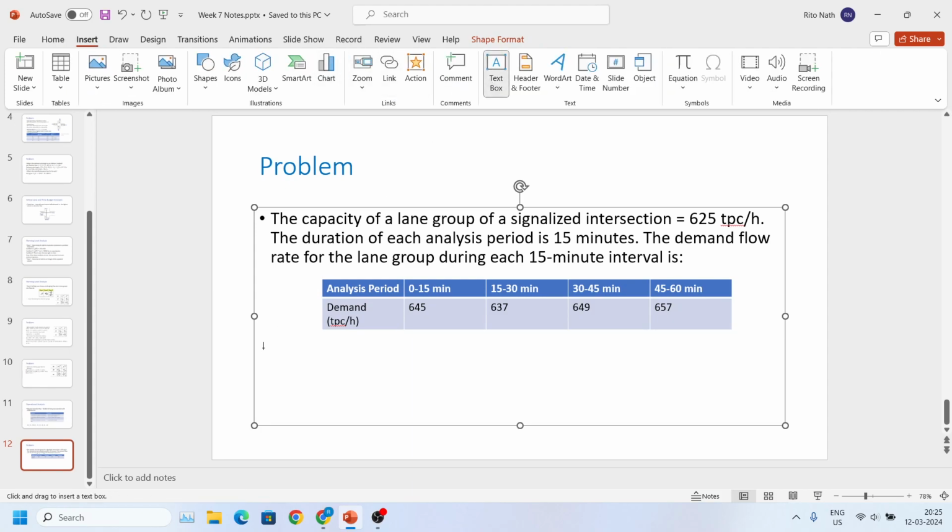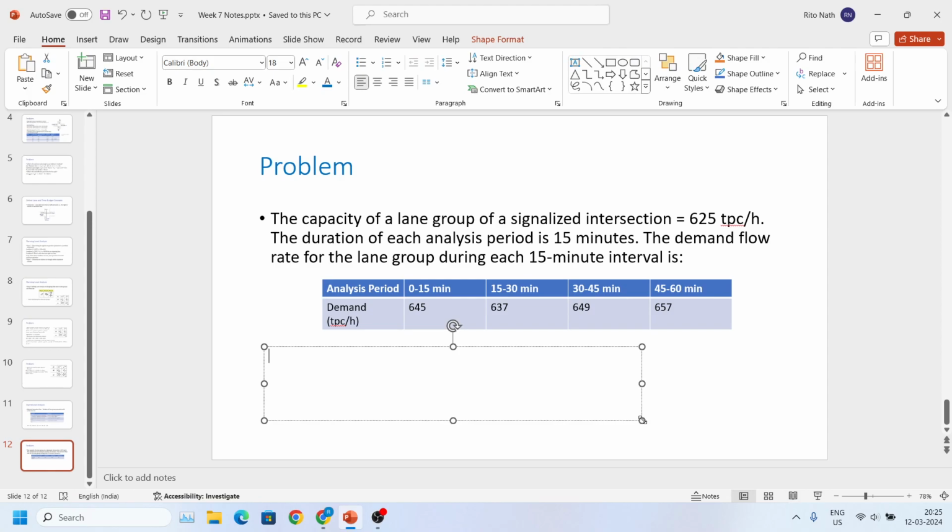So you have to estimate the length of the queue at the end of 60 minutes.